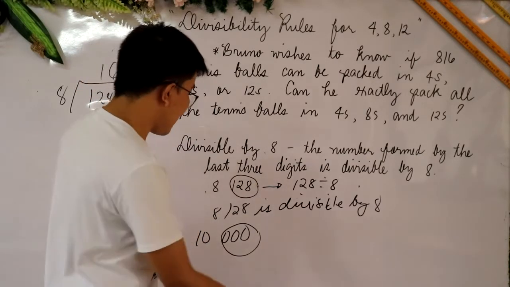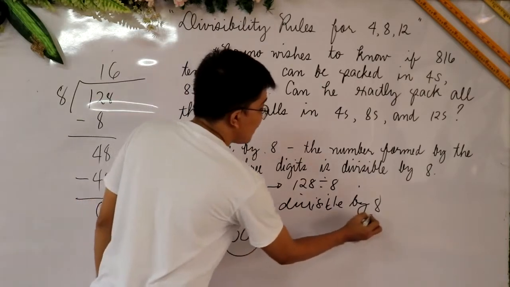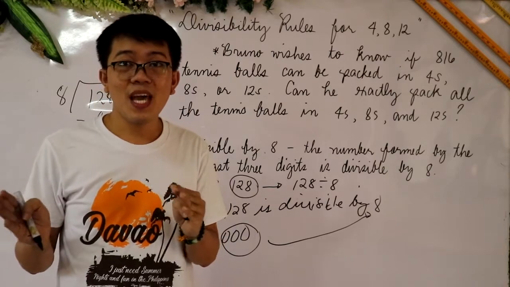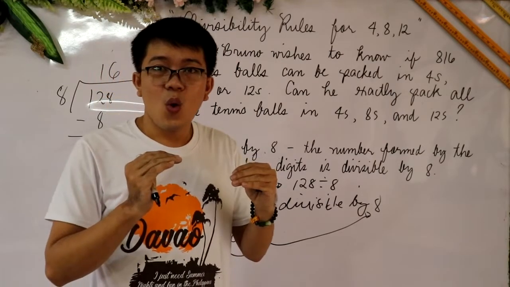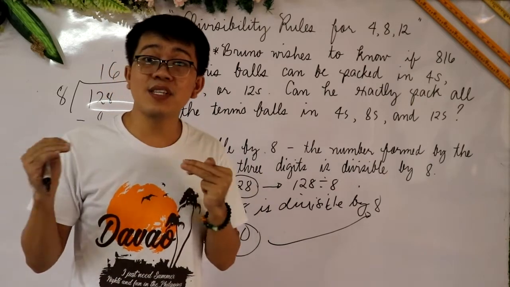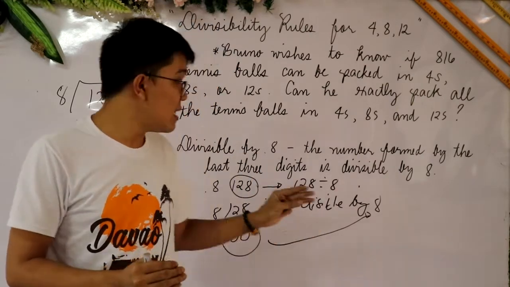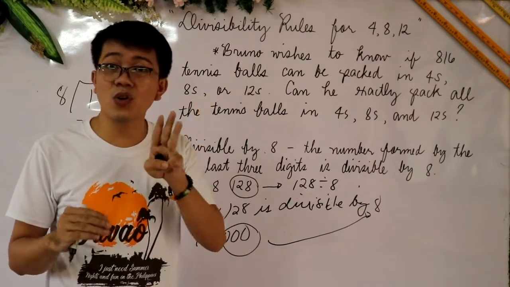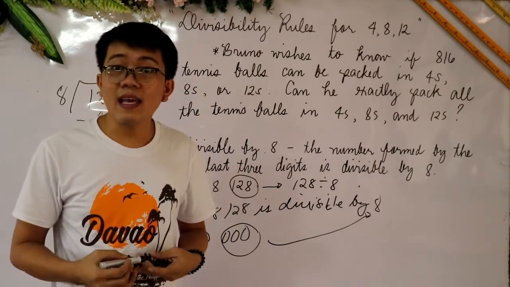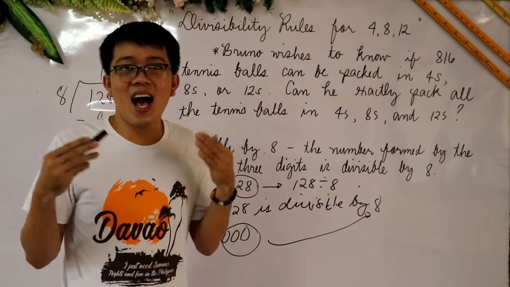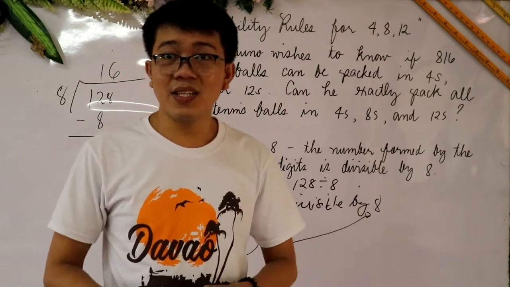It means to say that this number here is also divisible by 8. Similar with 4. I told you, if a number ends with 2 zeros or more, then it is divisible by 4. But in 8, if a number ends with 3 zeros or more, then it is also divisible by 8. You know already how to check the divisibility rule number 8.